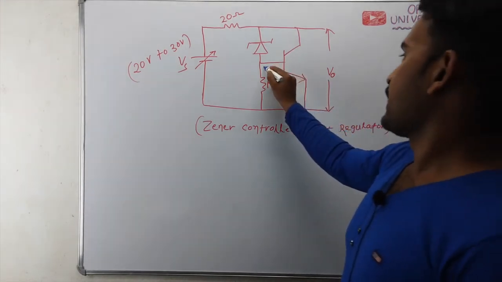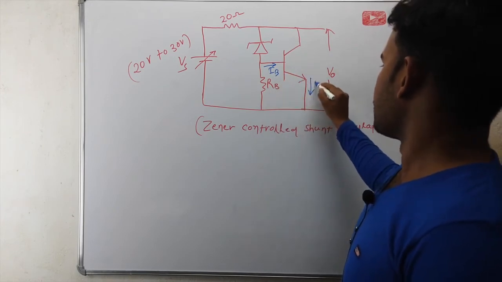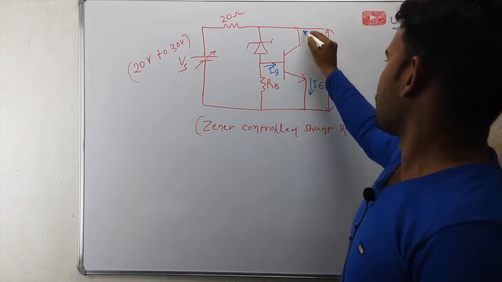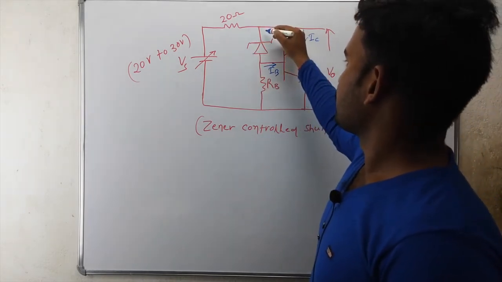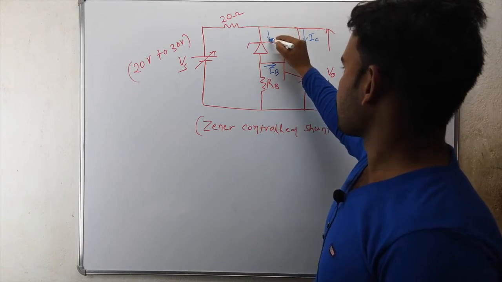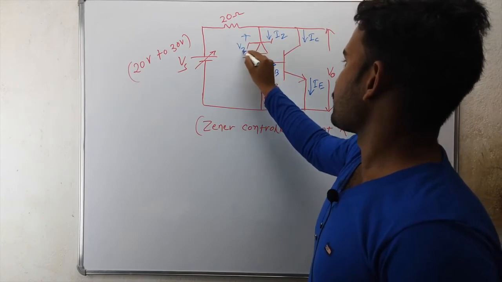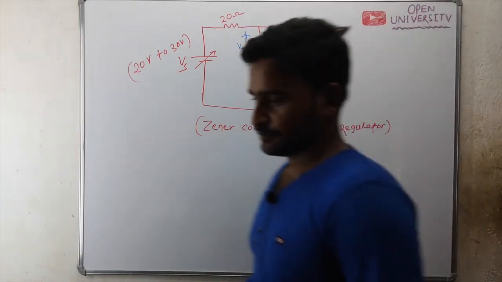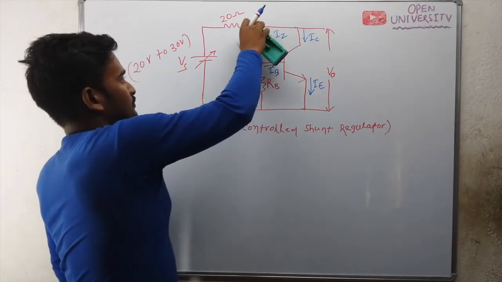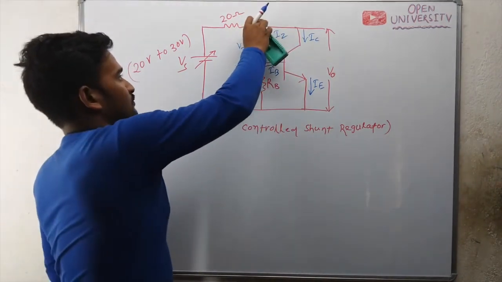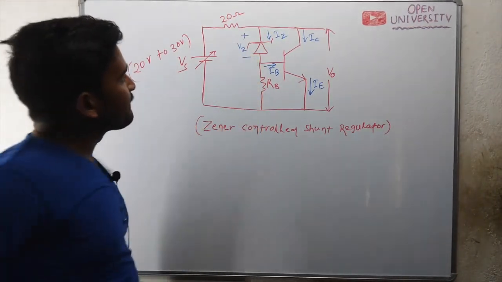See, this is your IB, base current, this is your emitter current, and this is your collector current, and this is the current through the Zener diode, IZ, and the voltage across the Zener diode is VZ.